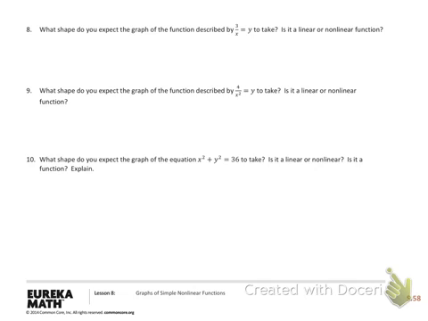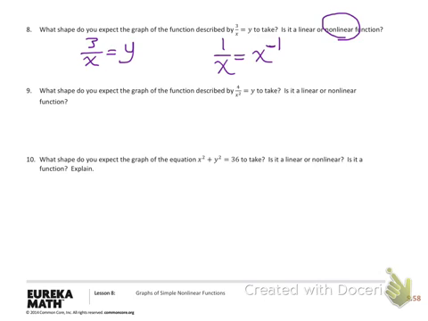Another one here, 3 over x. I'm going to write it bigger. 3 divided by x equals y. Okay, is that linear or nonlinear? This one might be a little harder to see because there's not an actual exponent on that, but that's a nonlinear function because 1 over x is the same as x to the negative 1.